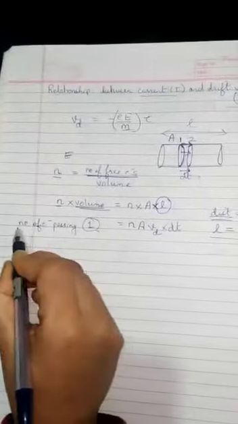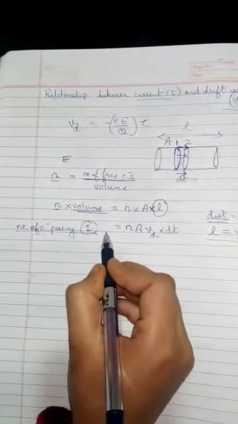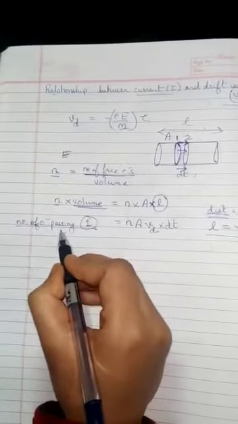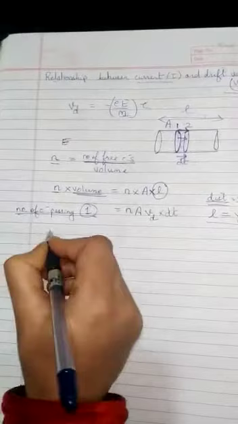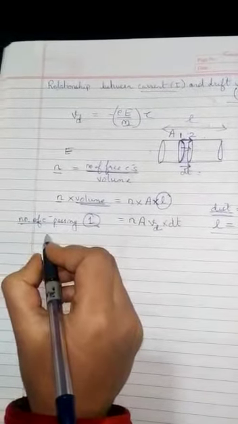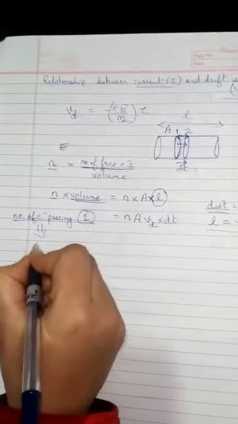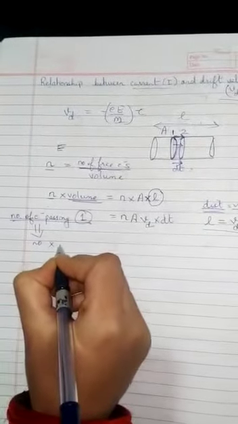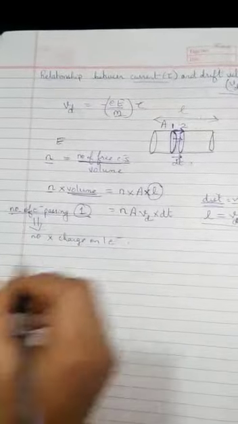Now with the help of the number of electrons passing the cross section 1, we will find out the total charge passing through this area. How will you find the total charge? You will find out by just multiplying this number by the charge on one electron.